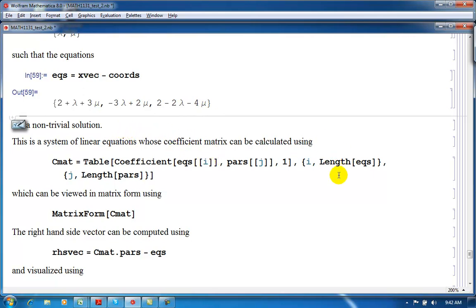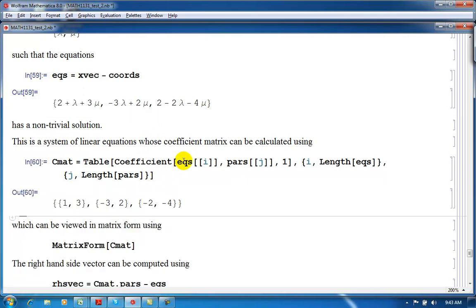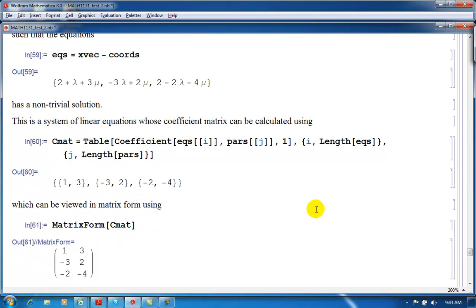Well, that's again a problem in linear algebra, so we regard these as a set of linear equations equal to 0, and we can find the coefficient matrix by looking at the ith equation and the jth parameter, and we do that over the number of equations and the number of parameters. And that coefficient matrix looks like that, and we can view it as a matrix like that.